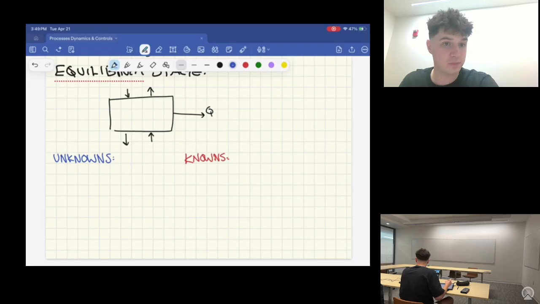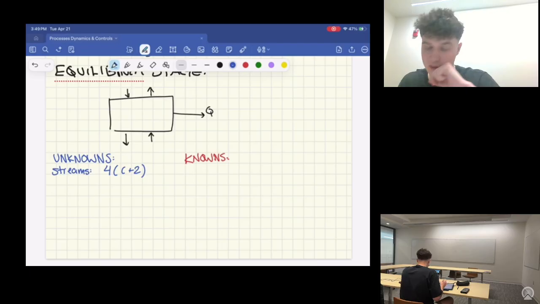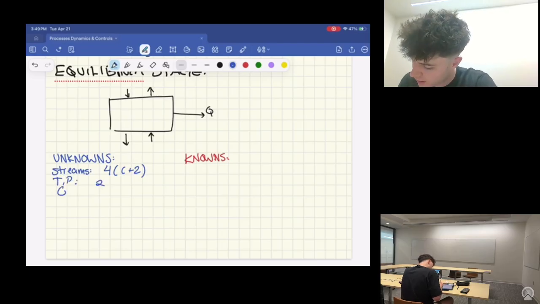And so for this first box, we need to look at streams. And for this, we have 4 streams times C plus 2. And then we also have our temperature and pressure, which is related to 2. And then Q, flow, is related to 1.